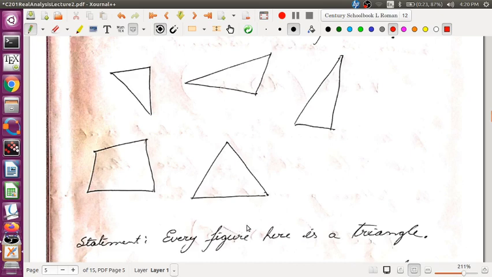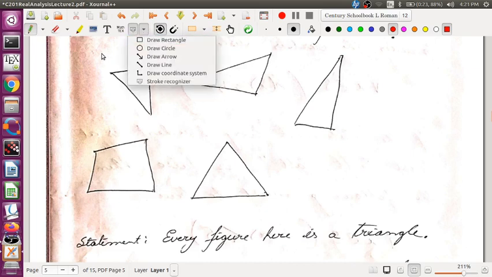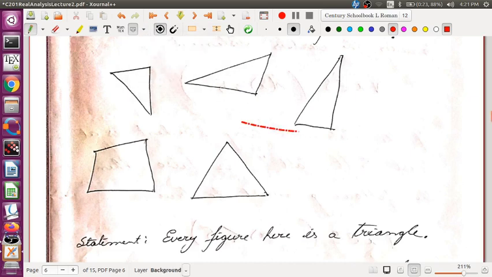I'm sure everyone will say that it's false, because here at least one figure is there which is not a triangle. I'm not saying it's a quadrilateral. All I need is at least one figure which is not a triangle. The figure could have been something like this also, so even then this statement is false.